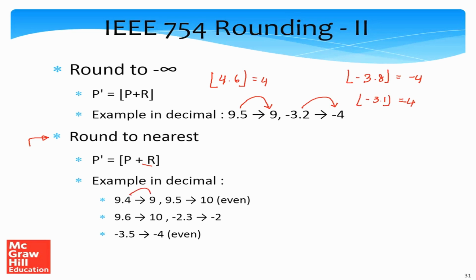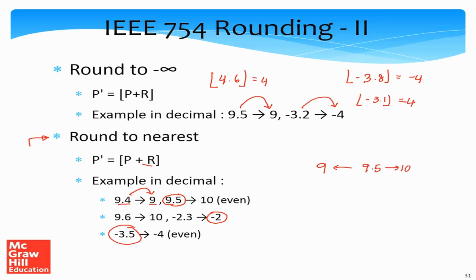So 9.4 will become 9, and 9.6 will become 10. Alright, so for 9.4, the nearer one is 9, and 9.6 will become 10. Similarly, for minus 2.3, the closer integer is minus 2. That's fine. But the difficulty comes with 9.5 and minus 3.5, because they are in the middle. 9.5 can be rounded to either 9 or 10.